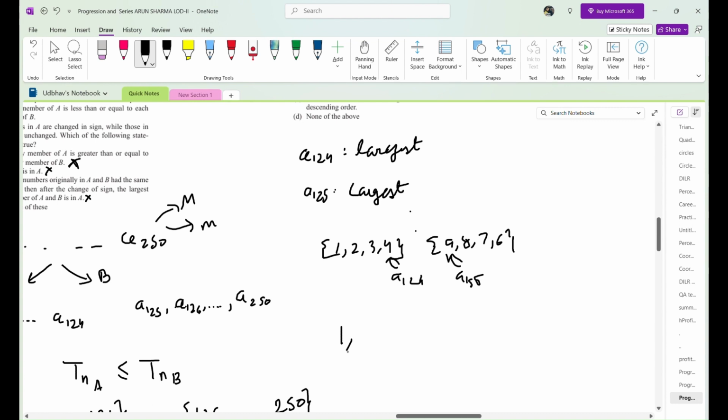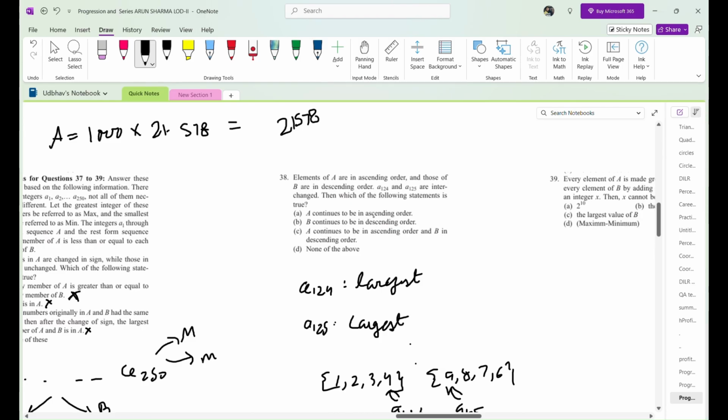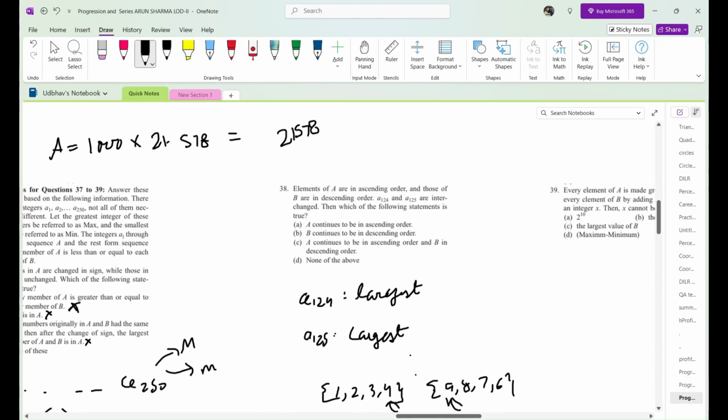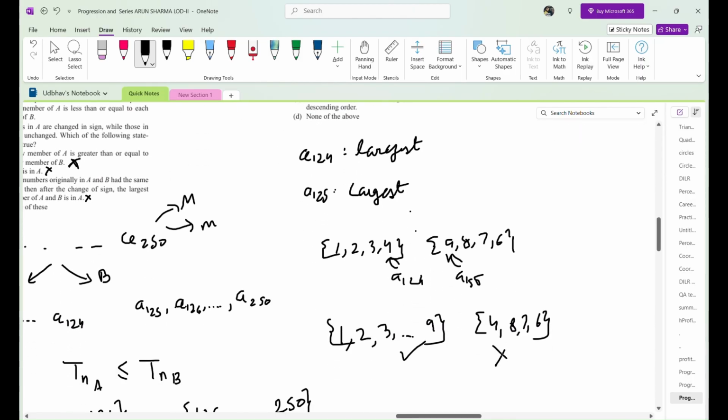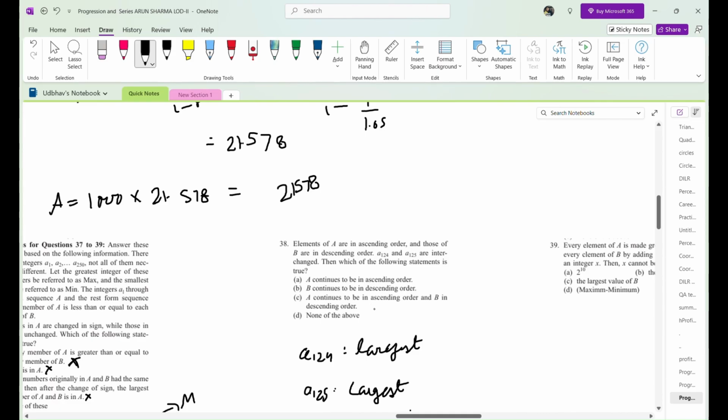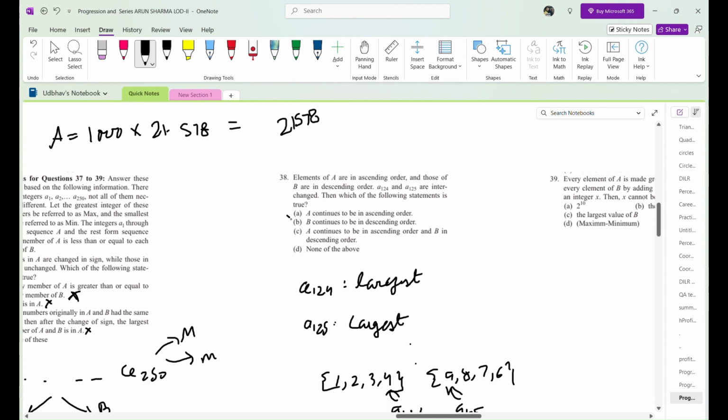If we interchange, it will become 1, 2, 3, 9, 4, 8, 7, 6. Yes, A is still in ascending order because 9 is the largest number. Does B continue to be in descending order? No, B is not in descending order now, since 4 is smaller than 8. So A continues to be in ascending order and B in descending order: no, B is not in descending order. Option A.